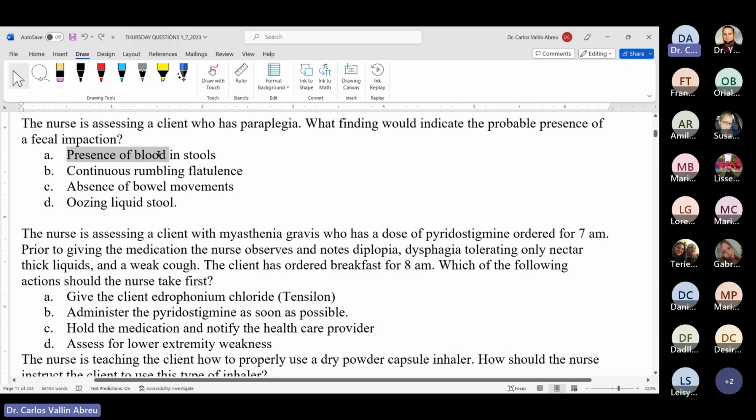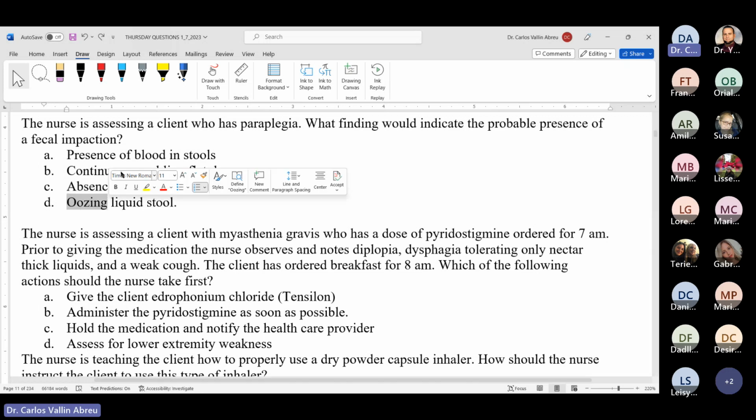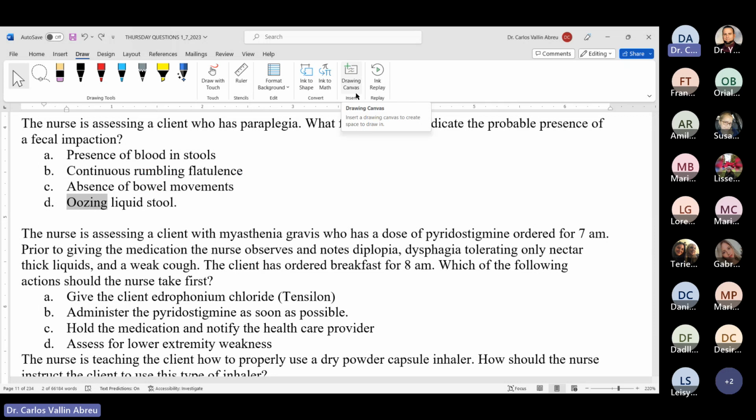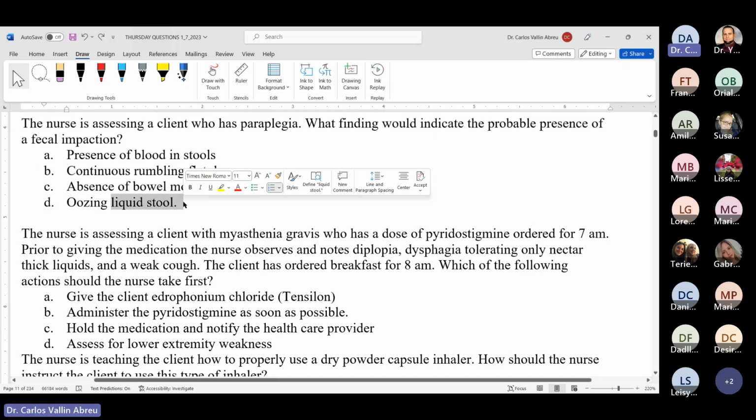Presence of blood in stools, continuous rumbling flatulence, absence of bowel movement, oozing. Oozing is a word that means continuous leak. Continuously, the client is leaking liquid feces, liquid stools. So this is what oozing means.